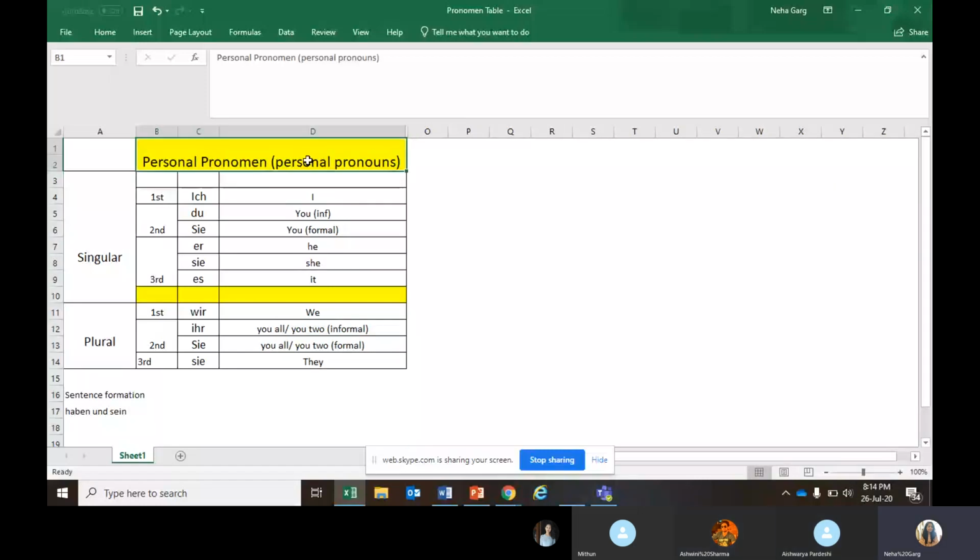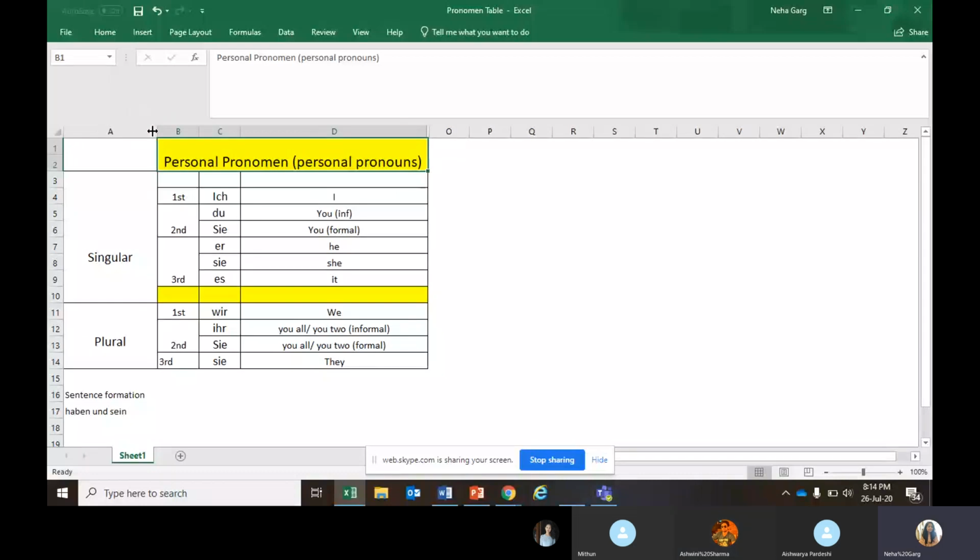Okay. So we have personal pronouns. In German, we say Pronomen, Personalpronomen, personal pronouns. So if you can see, pronouns like we have in English, like I, you, he, she, it.